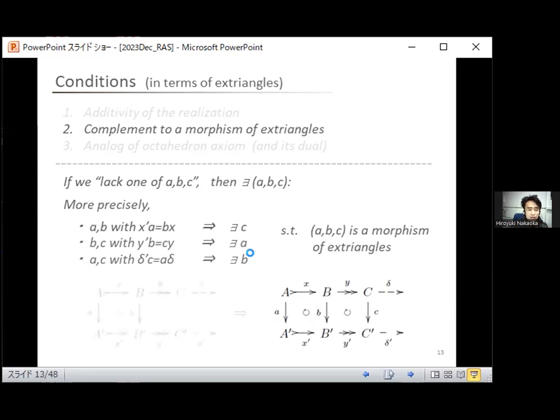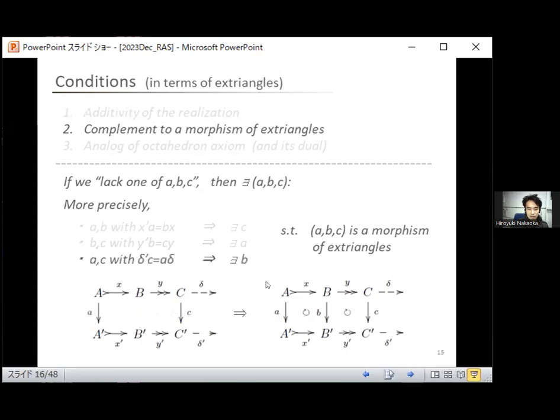More precisely, if we lack C, namely if A and B make the left square commutative, then there exists some C which forms a morphism of X triangles. And also, if B and C make the right square commutative, then we can find some A to form a morphism of X triangles.